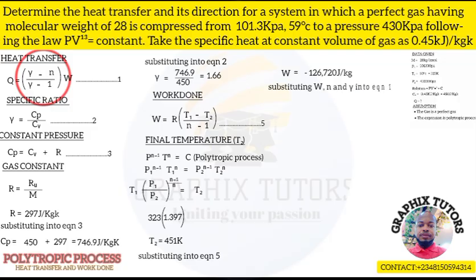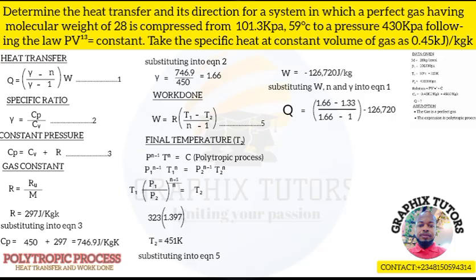So I'll now input it into my equation 1 at the beginning. The heat transfer will be the specific heat ratio minus the polytropic index, all over the specific heat ratio minus 1, multiplied by W. That is equation 1, right? So you put your values. The specific heat ratio is given as 1.66, so 1.66 minus 1.33 all over 1.66 minus 1, all multiplied by minus 126,720.